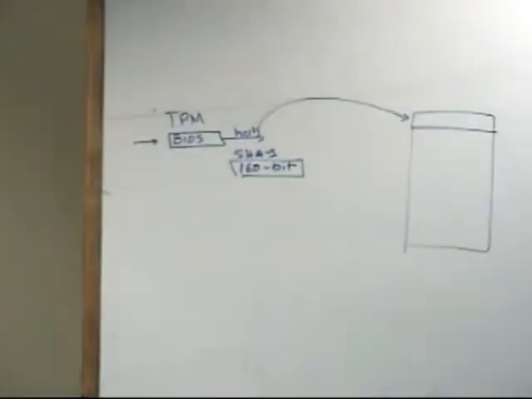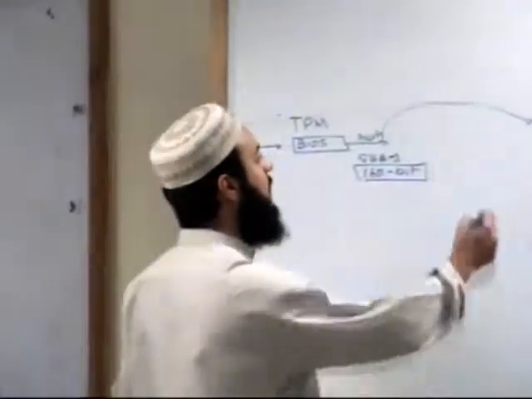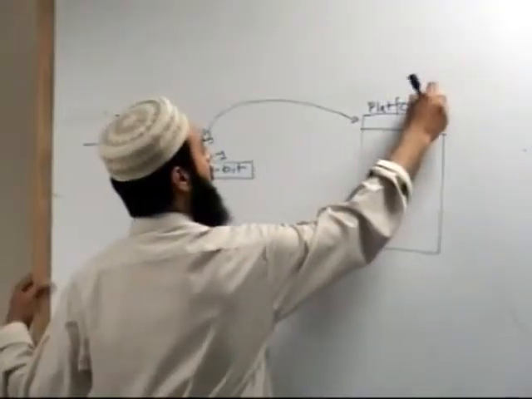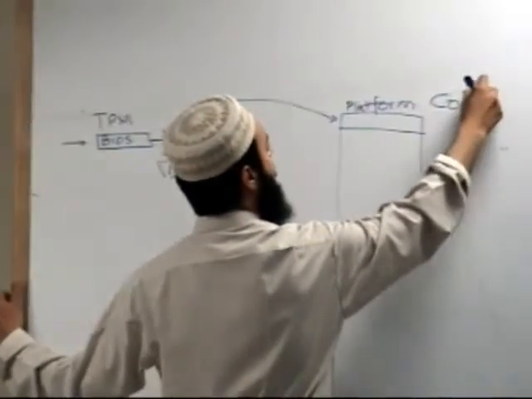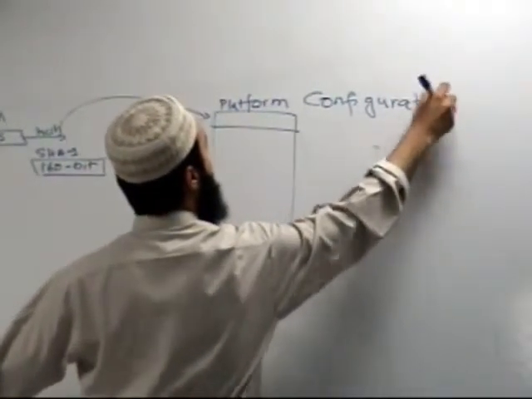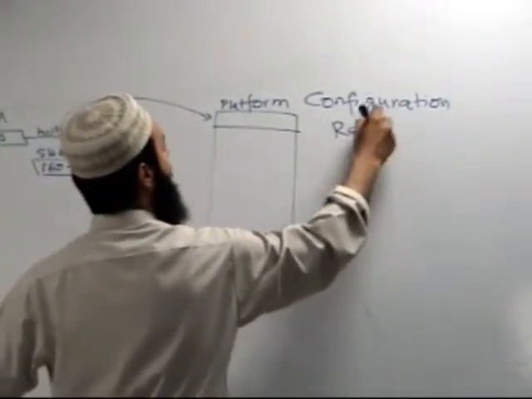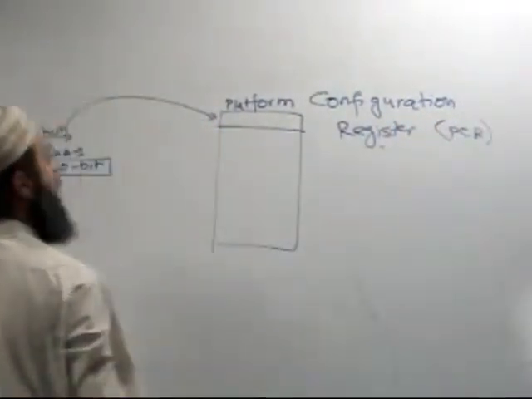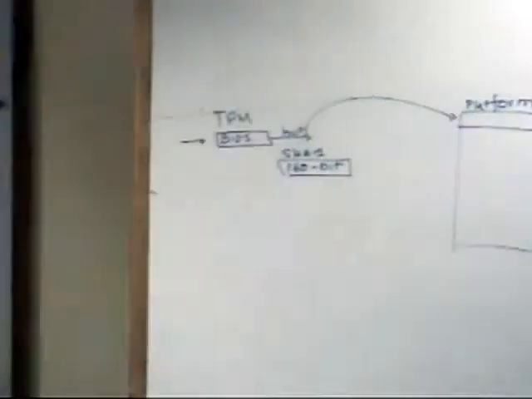This location is within the TPM. It has a special name. It's called a Platform Configuration Register, or PCR.